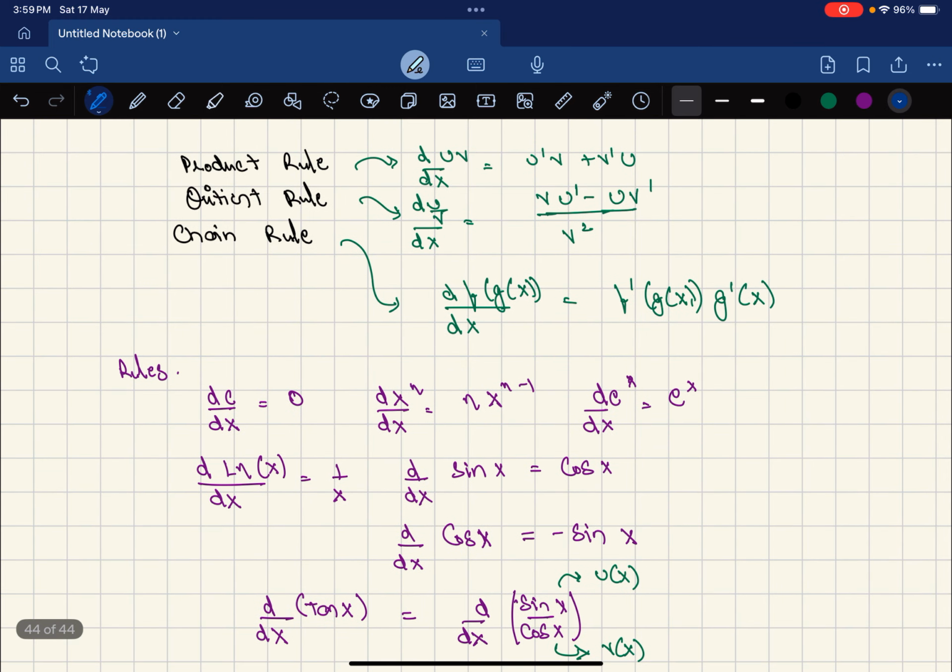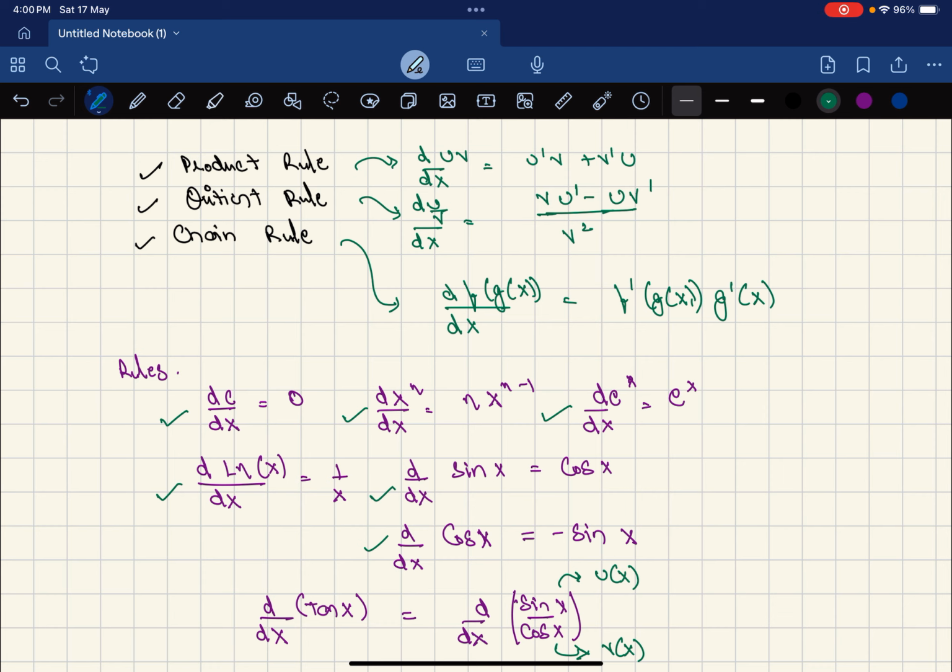Just using these three rules, product rule, quotient rule, chain rule, and the basic rules like constant, power law, exponential, log, and trigonometric ratios, we should be able to calculate the derivative of almost all the functions used in applications of machine learning and deep learning in general.